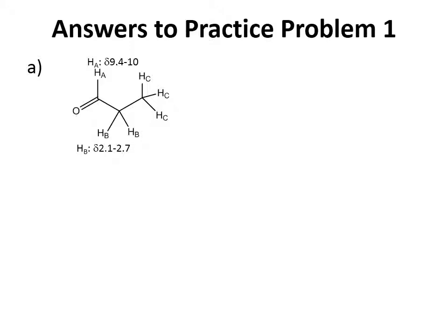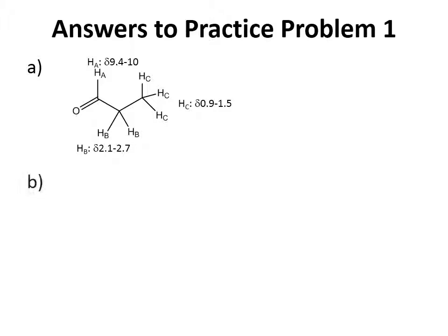And the chemical shift range is between 2.1 and 2.7. And for HC, that's the lowest chemical shift range in our table, and that's for H attached to C attached to R, where R is alkyl. And that's between 0.9 and 1.5.